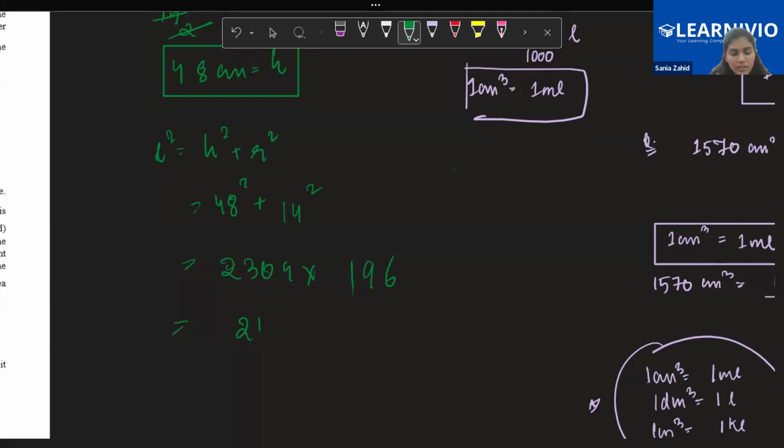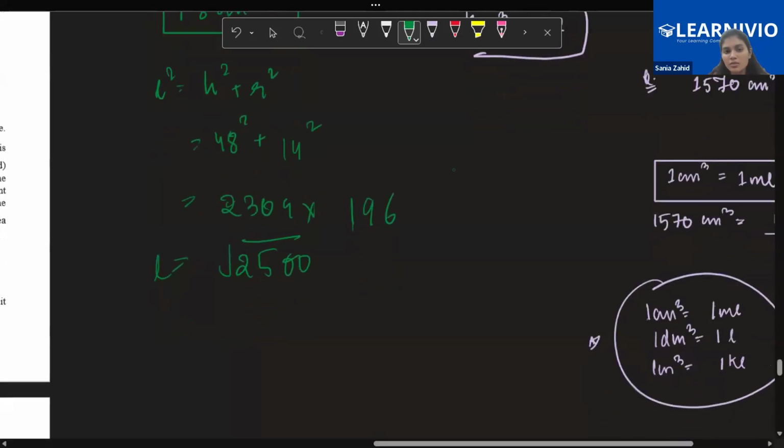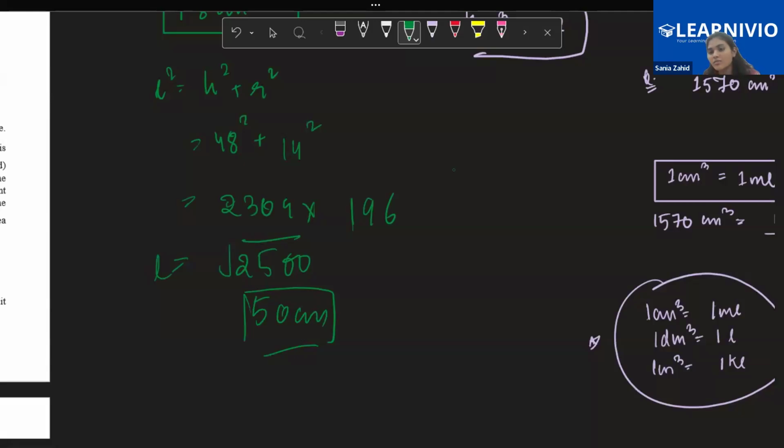When you add, you get 2500. And the square root of 2500 is how much now? 50. So L is 50. Children, the calculations for this are easy. Why were you not able to do it?